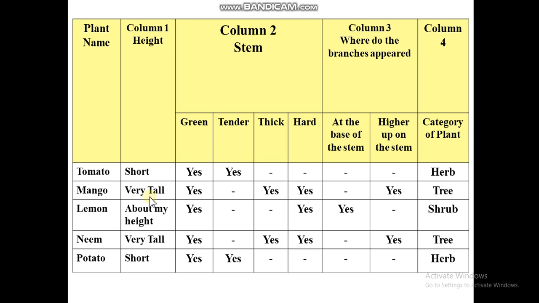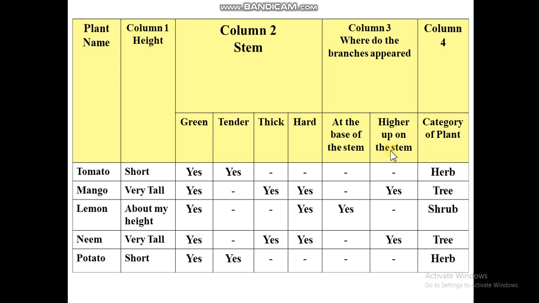Similarly, mango. Mango is very tall, and it is also green in color. It is not tender because it does not die within a year or 6 months. Its lifespan is long. It is very thick, and very hard also. The branches appear higher up on the stem.